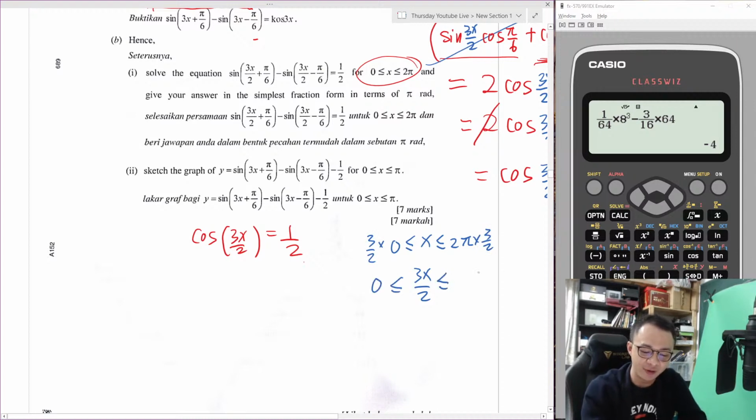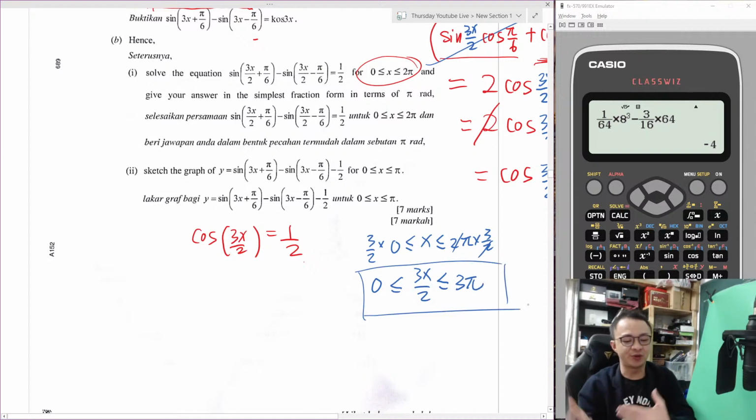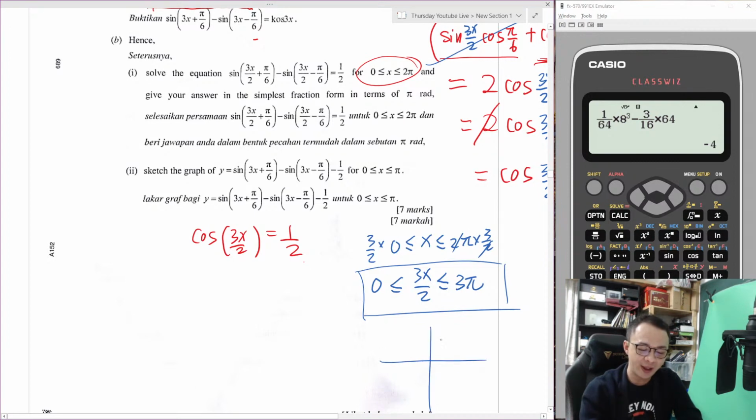Then this one will give me 3 pi. So therefore, my range for 3x over 2 will be from 0 to 3 pi. So you should know, ASTC, you rotate one round is only 2 pi. So 3 pi is rotate 1.5 round. So later, I might have more than 2 answers.